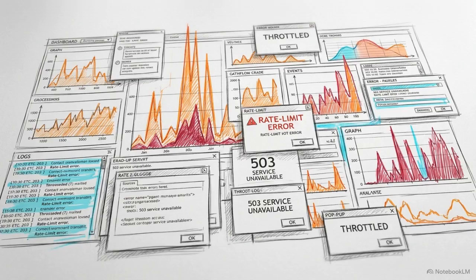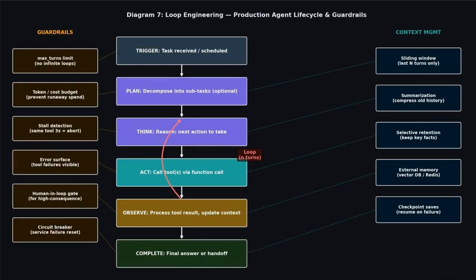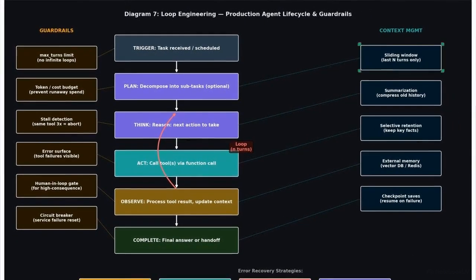Making that loop survive a production environment without crashing or bankrupting you on API calls is the actual engineering challenge. This architecture map outlines the production lifecycle and explicit guardrails against infinite loops and context overflow. On the right, the context management column shows sliding windows and summarization to compress historical data.